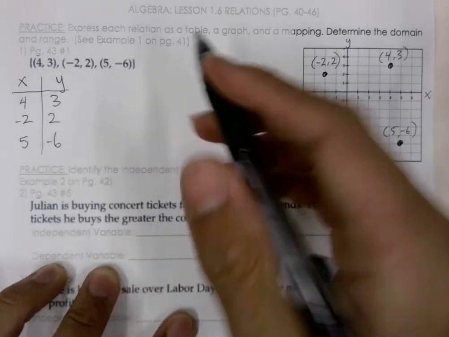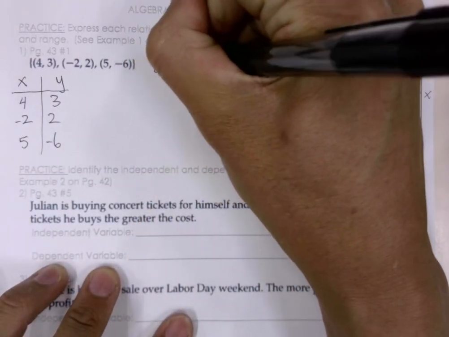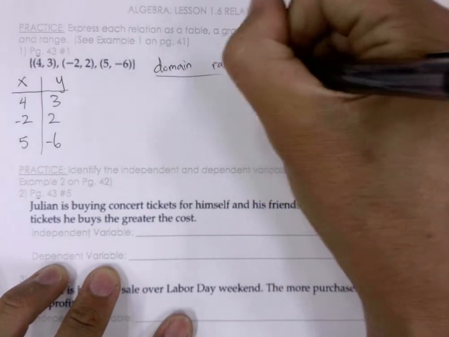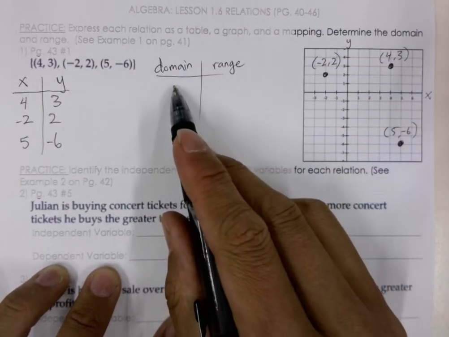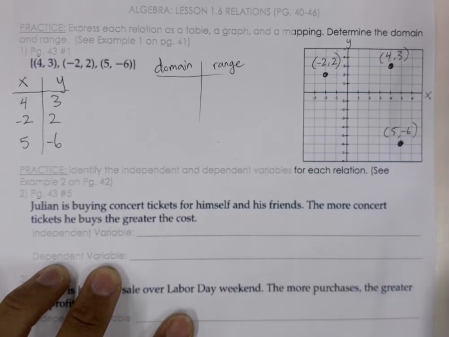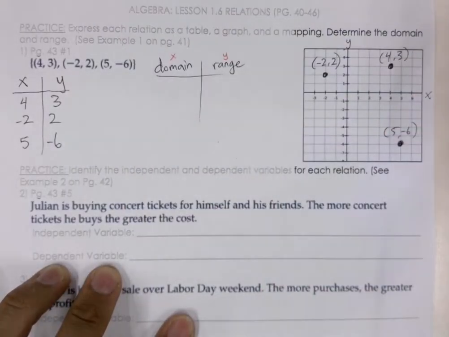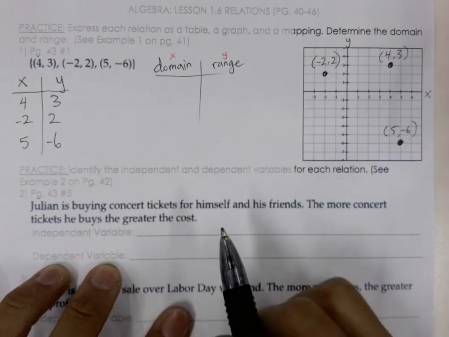Our mapping is completed by creating a domain and a range column. The domain will be the x values of the ordered pair. The range will contain the y values of the ordered pair.